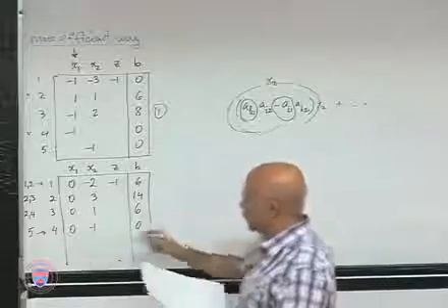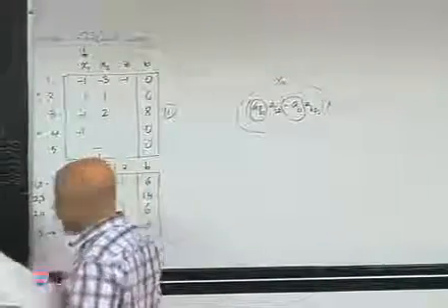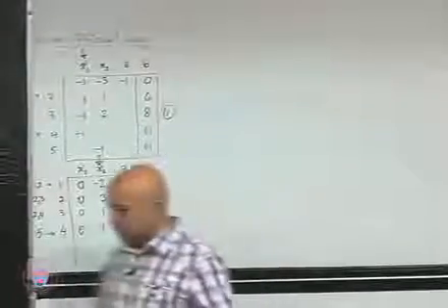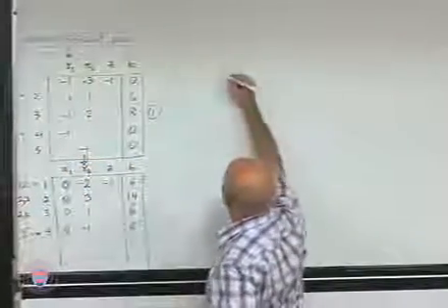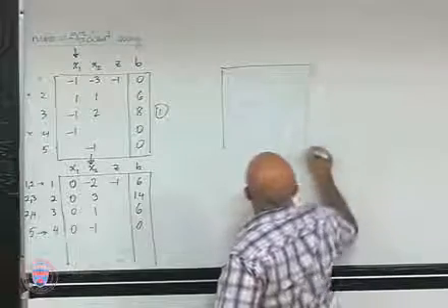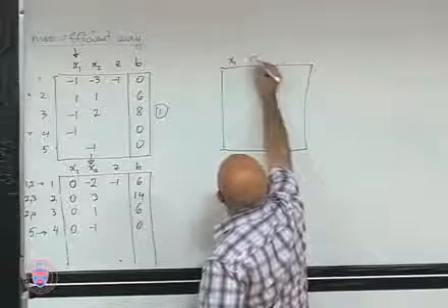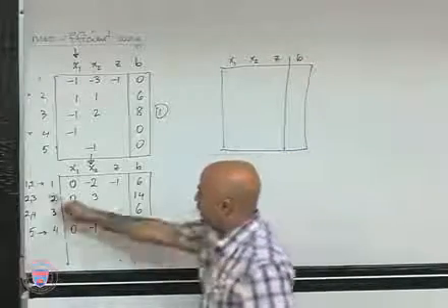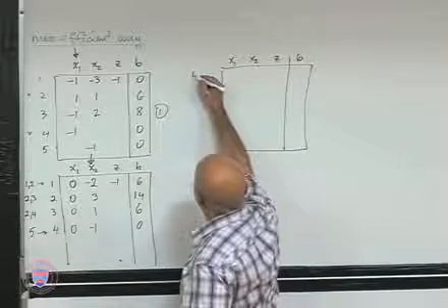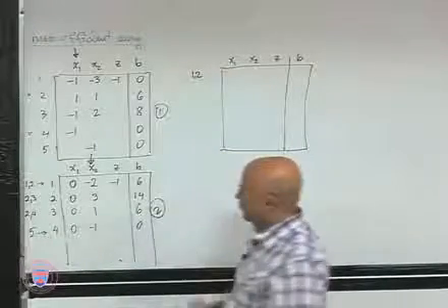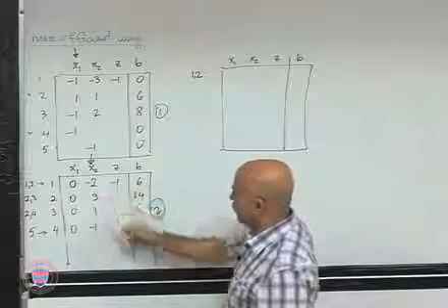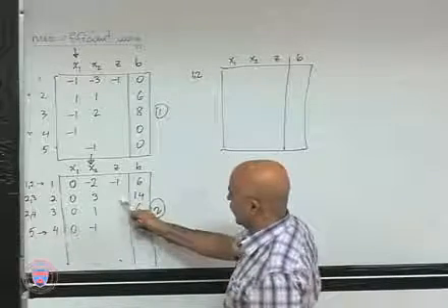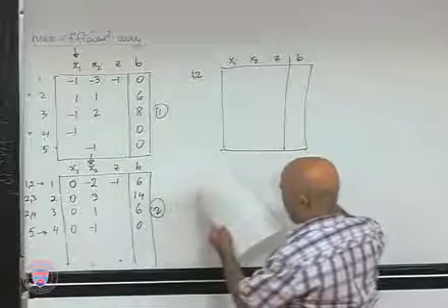And then when you eliminate the x2 variable in this system, the pairing of 1 and 2 from system number 2 gives you what? Minus 2 times 0, 3 times minus 1, that's going to be minus 3.